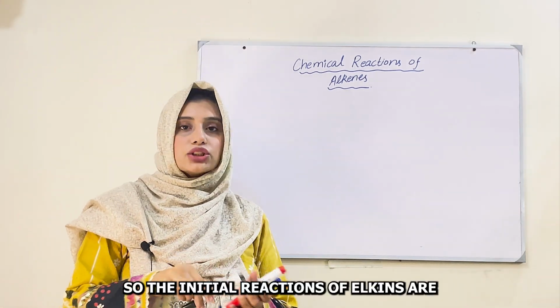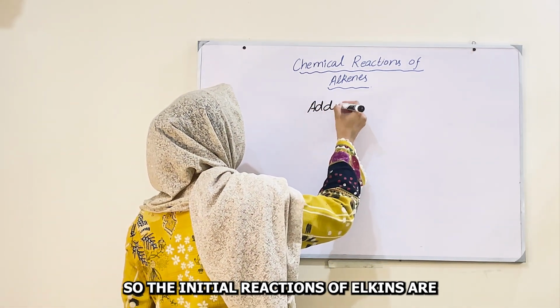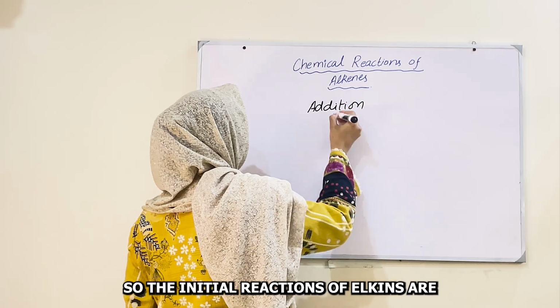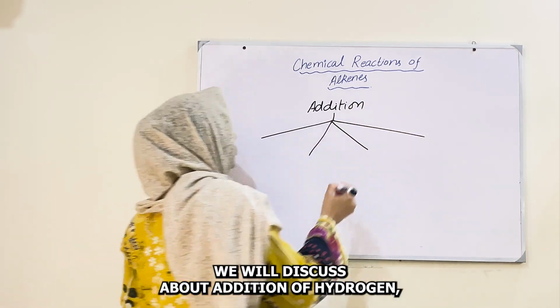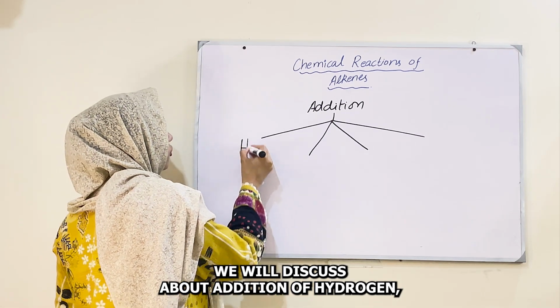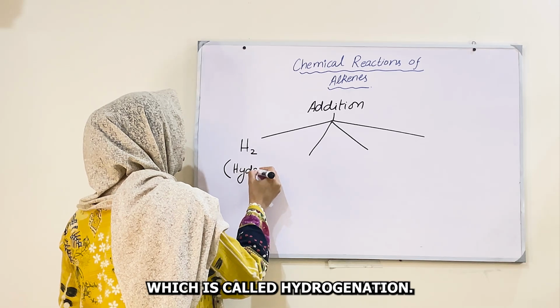The addition reactions of alkenes are: first, addition of hydrogen, which is called hydrogenation.